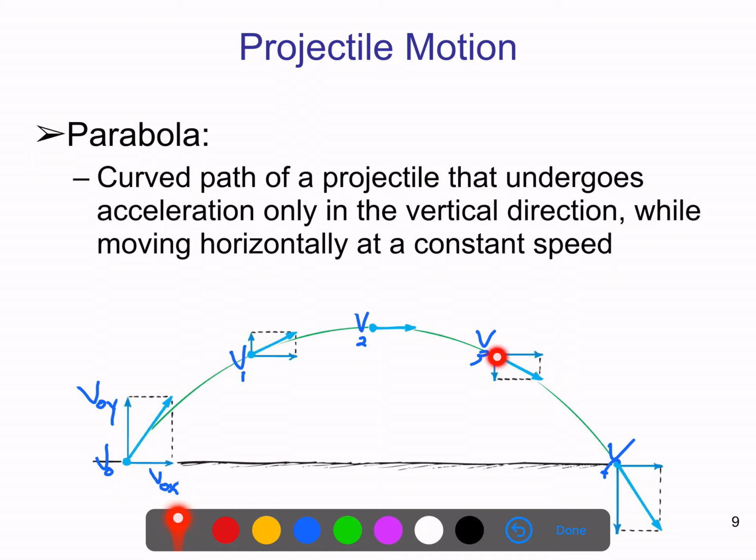After that it starts pointing downward as the object comes back down, and the size of this downward velocity becomes larger as it proceeds in its path. Okay, and the reason for that is because all the time throughout this flight of this object, I've got gravity pulling down. The acceleration due to gravity is always the same, always pointing in the downward direction with the same amounts. This one looks a little shorter, but they're supposed to all be the same length.